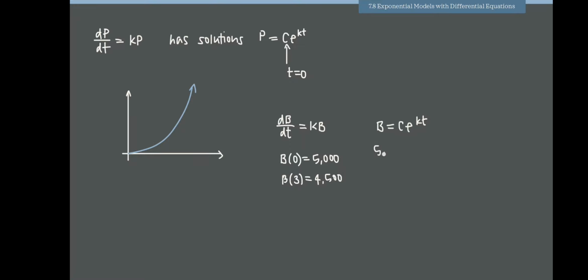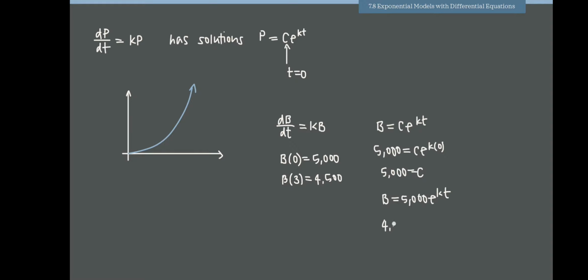We could say 5,000 = Ce^(k·0). k times 0 is 0, e^0 is 1, so we get C times 1, or just C, so 5,000 = C. And so then we could write our equation with our initial population as B = 5,000e^(kt).